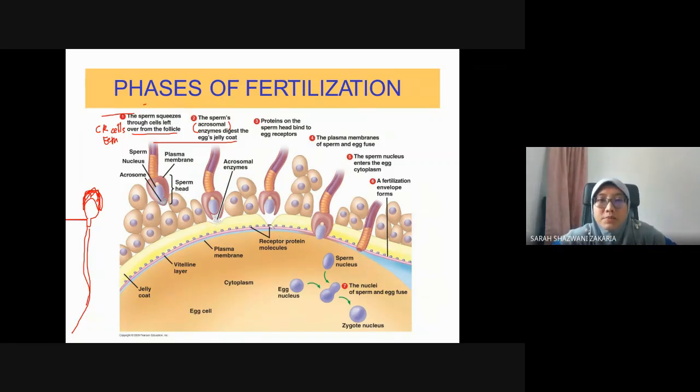Number 4, once the binding occurs, that receptor binding will initiate other reactions that will harden the zona pellucida. Harden. At the same time, once bound, it will fuse the membrane. The cell membrane of the sperm will fuse with the cell membrane of the egg. Once fused, then the sperm nucleus can enter.